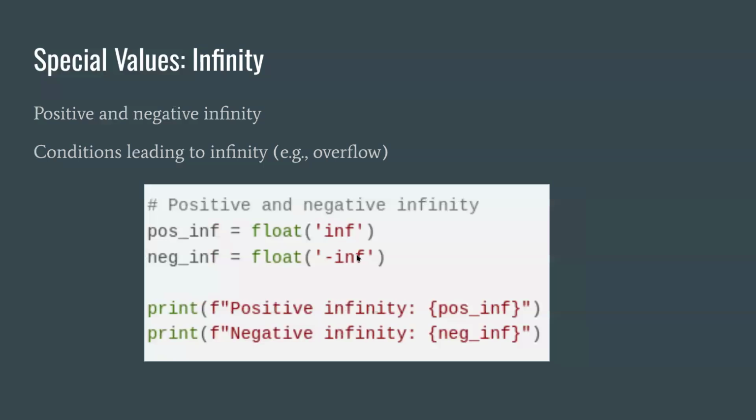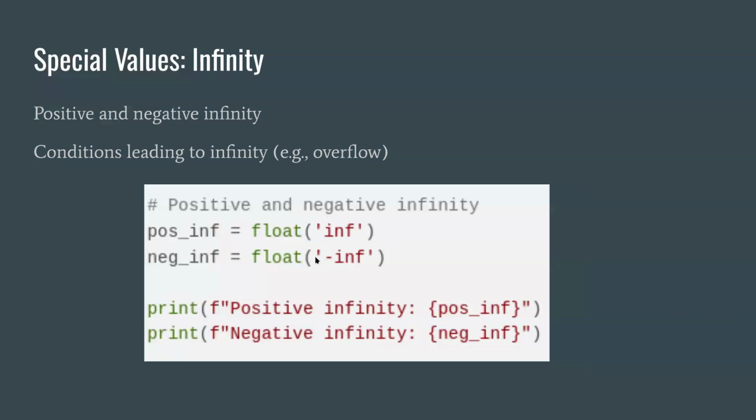So positive infinity results from operations like dividing a positive number by 0, while negative infinity results from dividing a negative number by 0. So by having these special values, it helps handle extreme cases in a consistent manner.